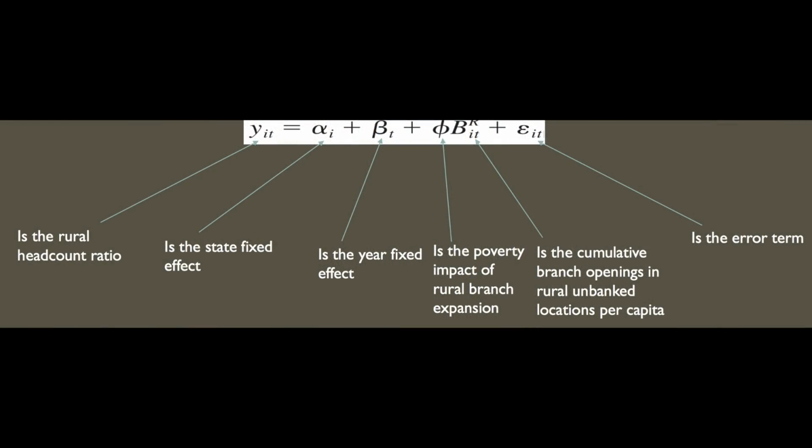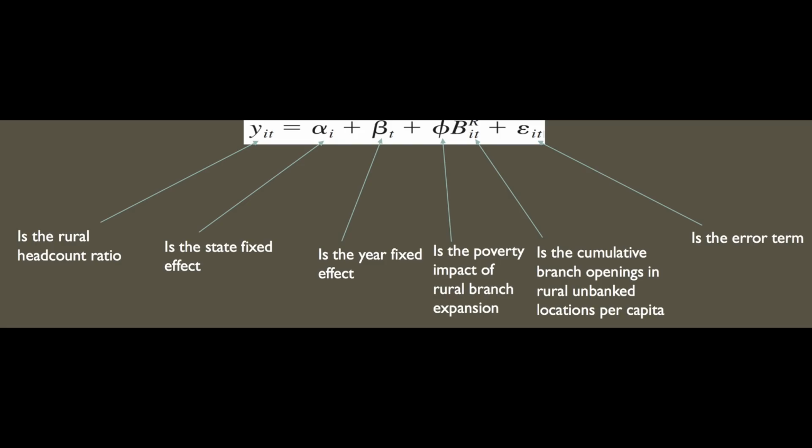So to find this link between banks opening branches in rural areas and reducing poverty, they use this equation, this OLS regression, to estimate it. The paper uses state-level panel data on the number of bank branches, rural credit, and saving shares, and poverty outcomes to identify whether the branch expansion program affected rural poverty.